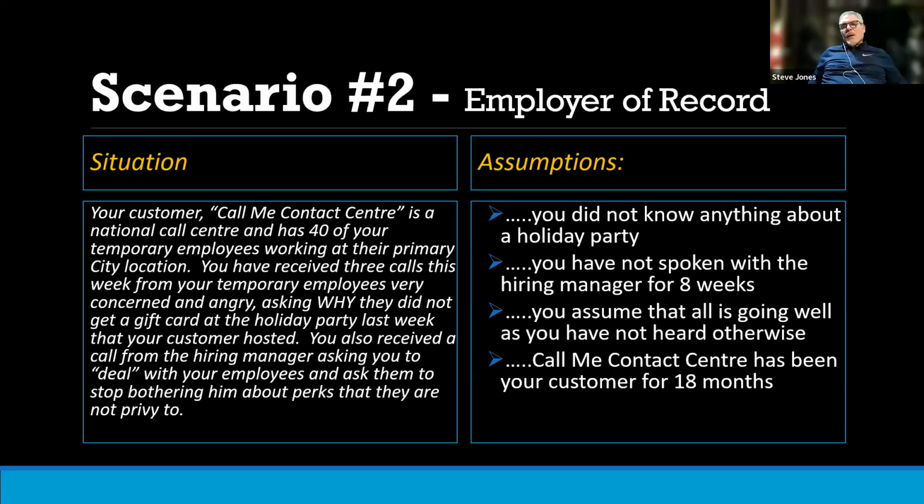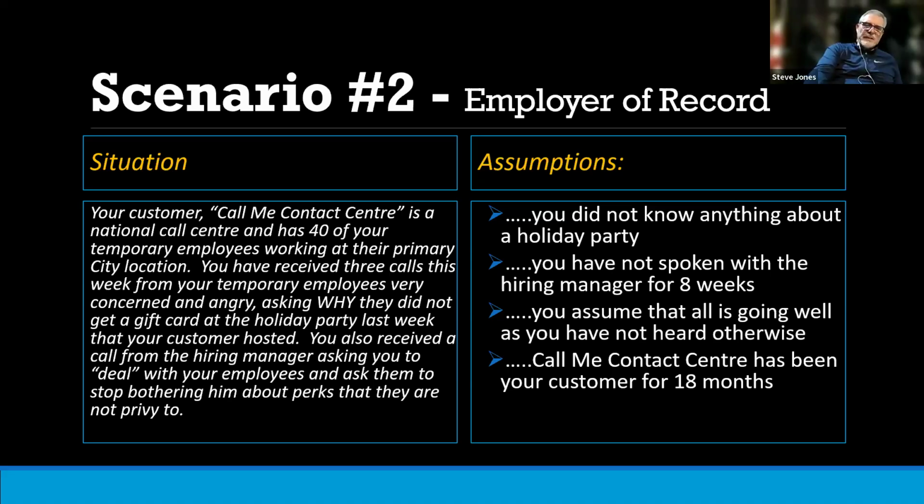But it would appear as though there's some issues with respect to who's the employer of record, which responsibilities each of these co-employers has. Should they be invited to the Christmas party? If they're being invited to the Christmas party, how are they going to be treated? Who's paying for it? Who's making sure they don't go home drunk? Who's making sure that they follow the rules?